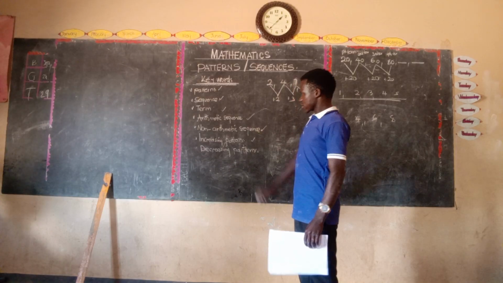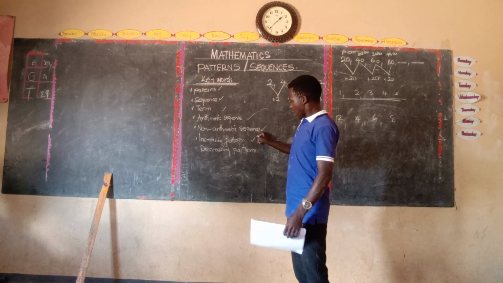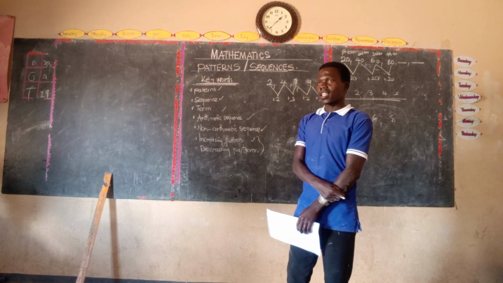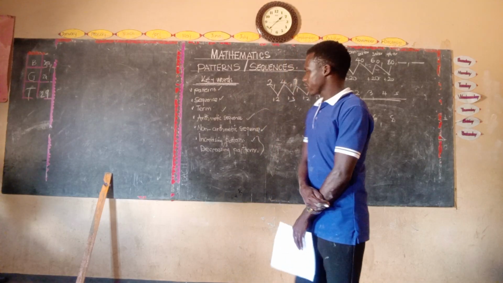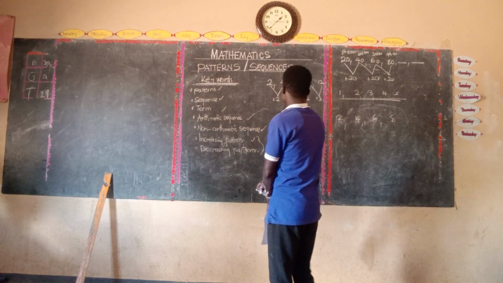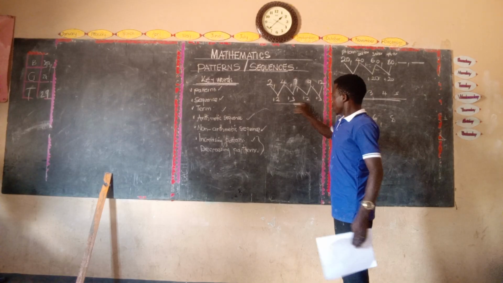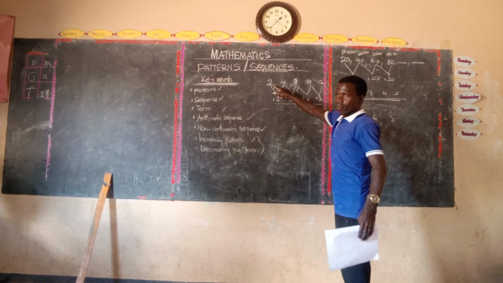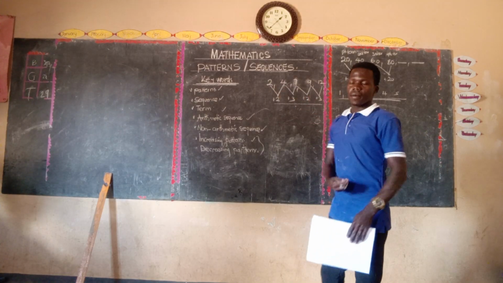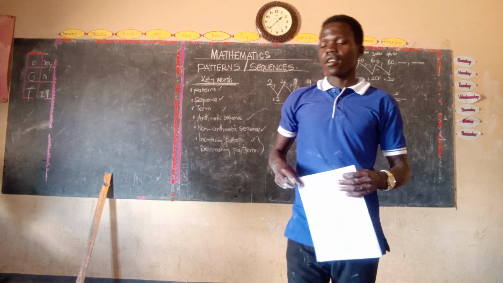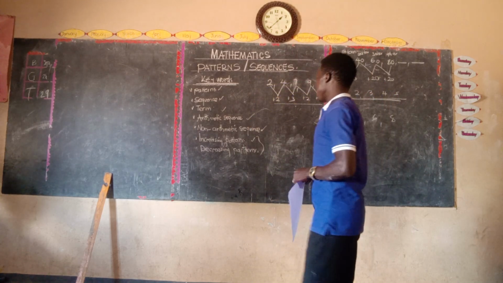Then we come to the types of patterns. The first one we call increasing patterns. When you have a series of numbers which are increasing, we call that increasing patterns.